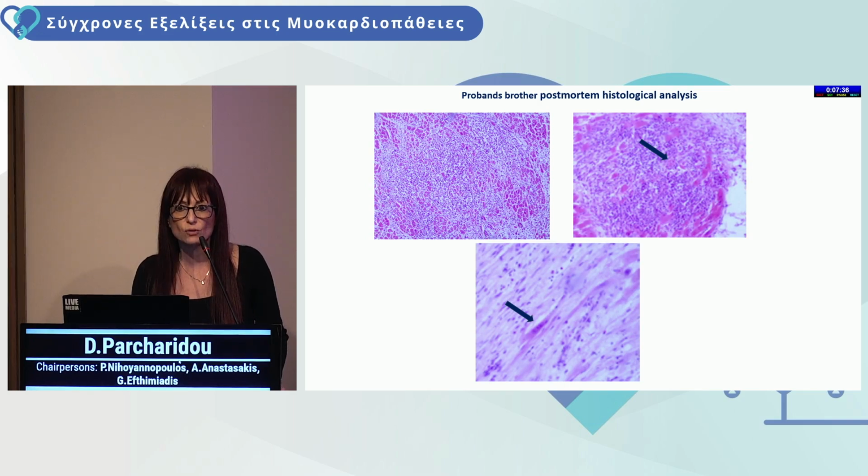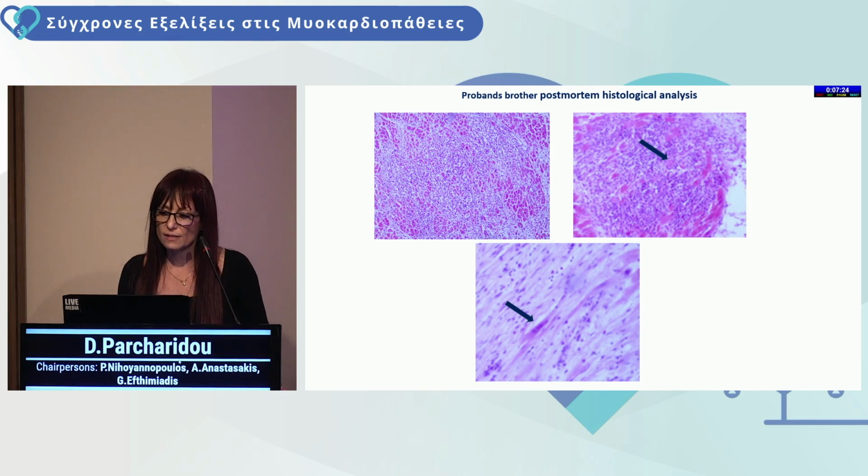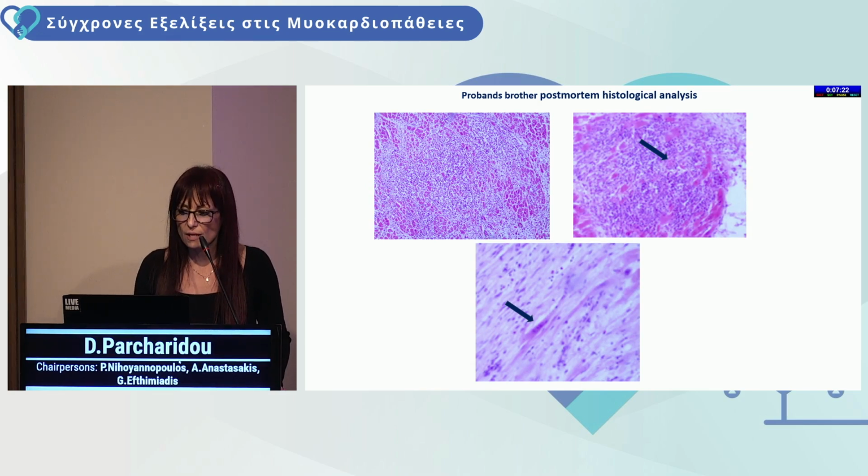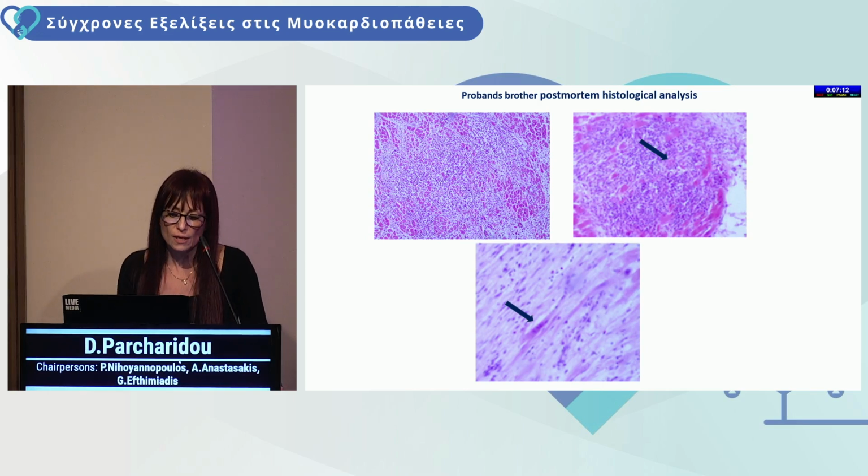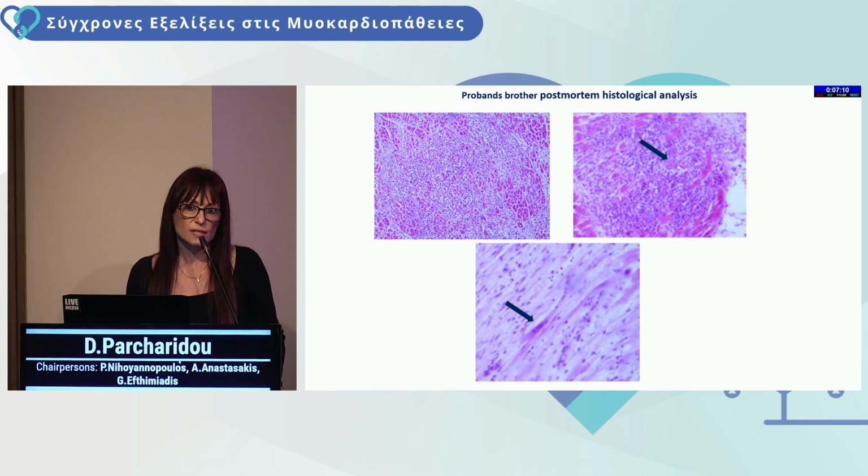It is an inflammatory situation because of the myocarditis. In the next slide to the right, with the arrow, you can see some myocytes, that is cardiac cell necrosis, the damage of the cells. And in the picture below, there is a possible indication with the arrow of aggregates.